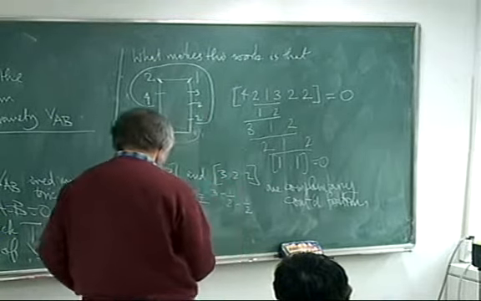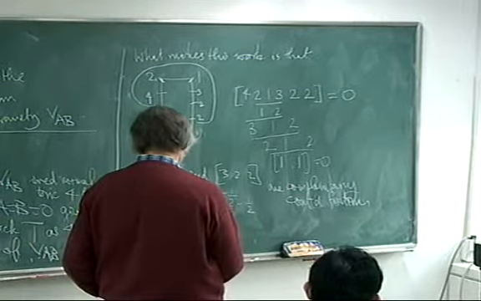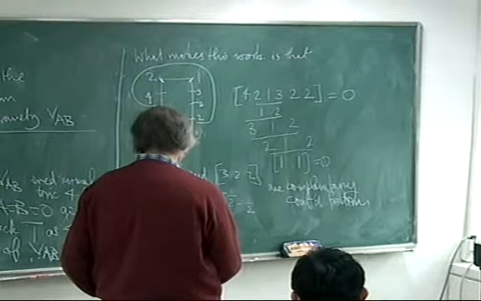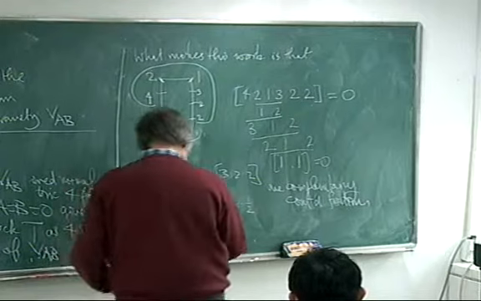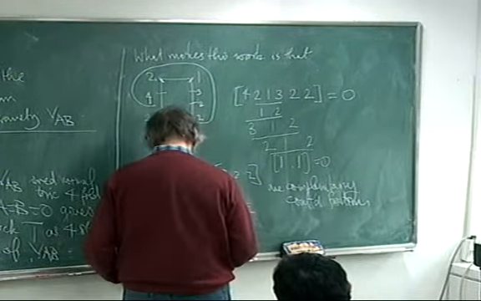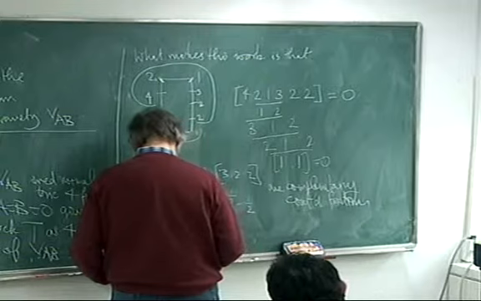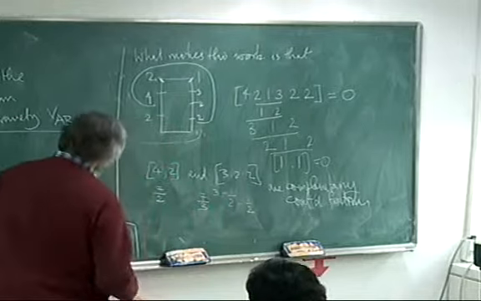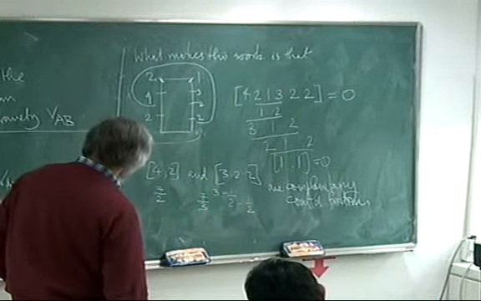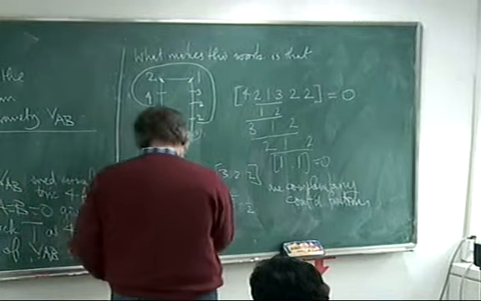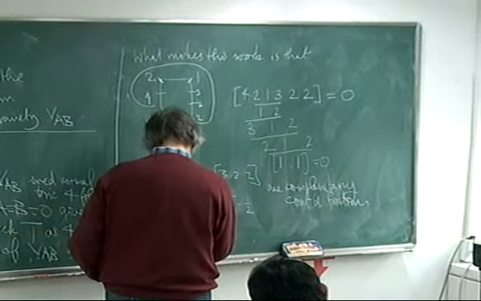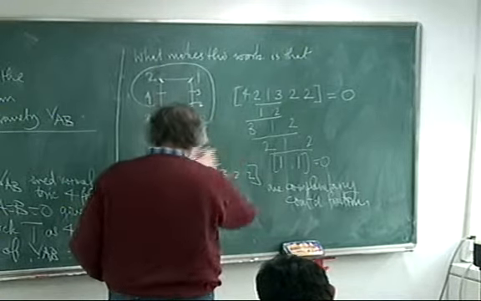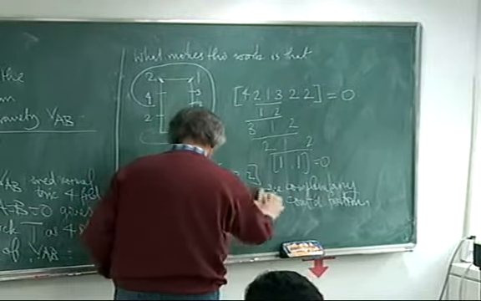Can anybody do this? 7 minus 3 minus, oh good. I want it to be 5, but actually it's 3, so I've done something wrong. Oh, it doesn't matter. I probably have one of them upside down. It's not important.